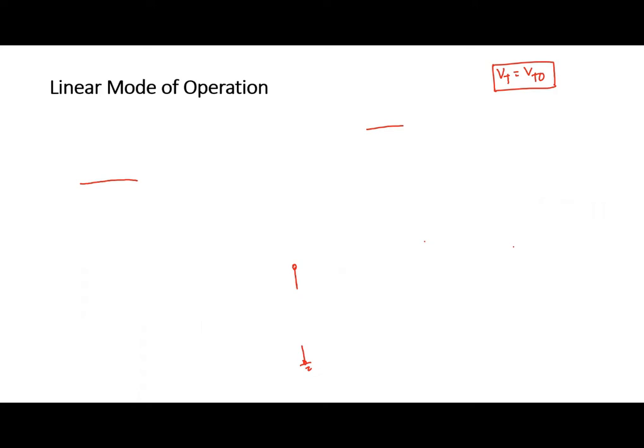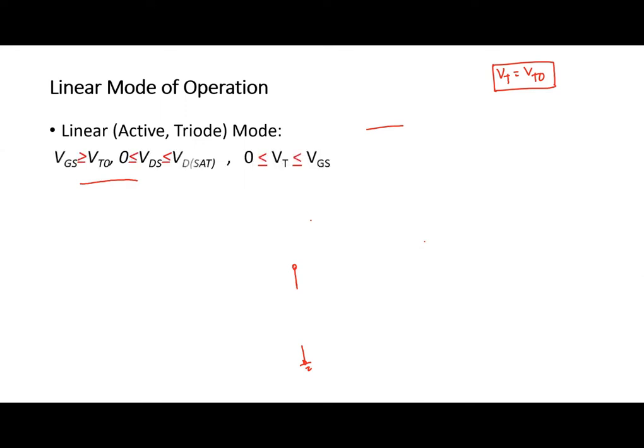The next mode is linear mode of operation. What is linear mode? It is also called active mode or triode mode. When you apply a potential on the gate greater than or equal to the threshold voltage, we can say the device is linear.